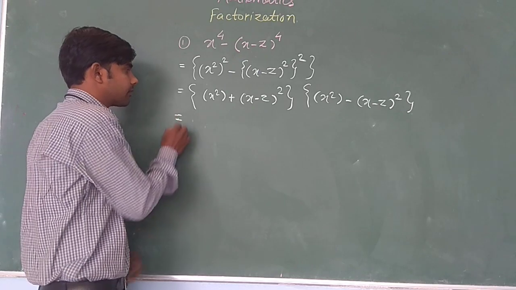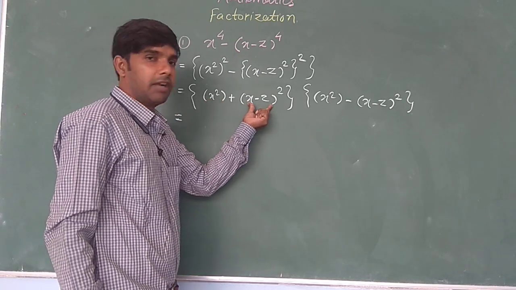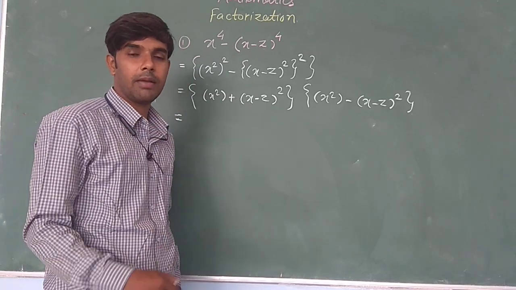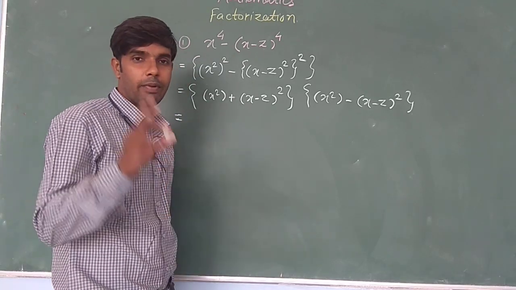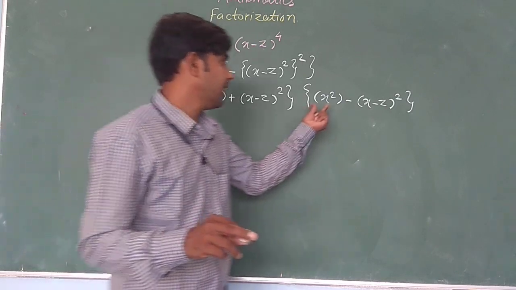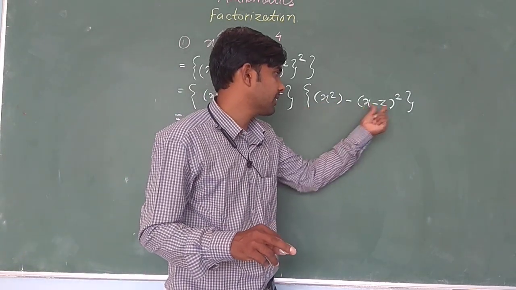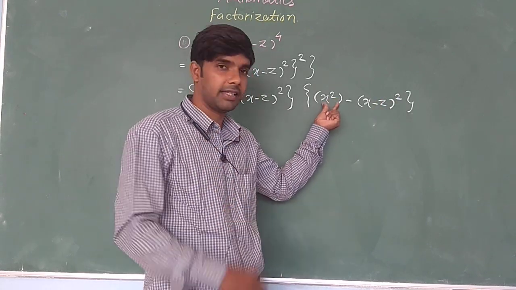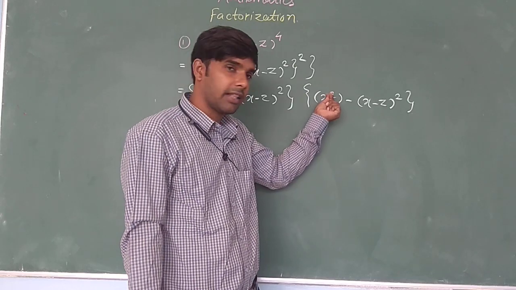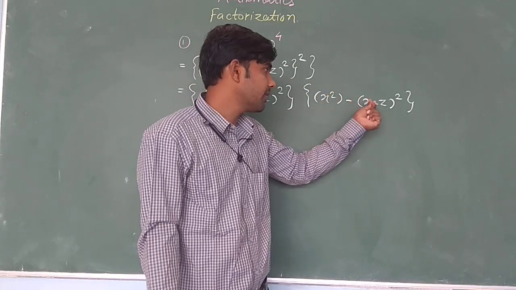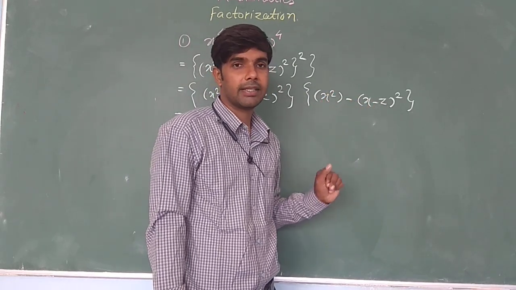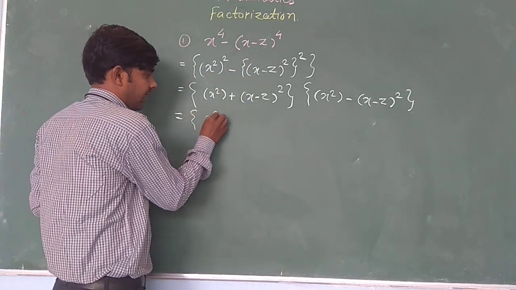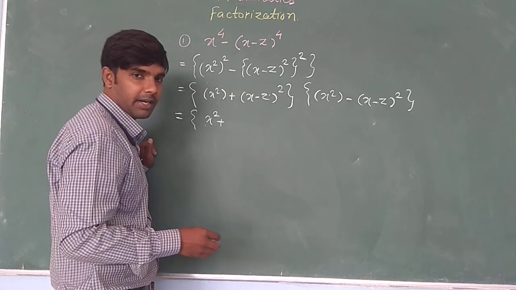Now we expand the term (x minus z) whole square as a square minus 2ab plus b square, using the second identity. And here, x square minus (x minus z) whole square, again we use the third identity, a square minus b square, where a square is x square and b square is (x minus z) whole square. So we expand the first one: x square as it is, plus (x minus z) whole square.